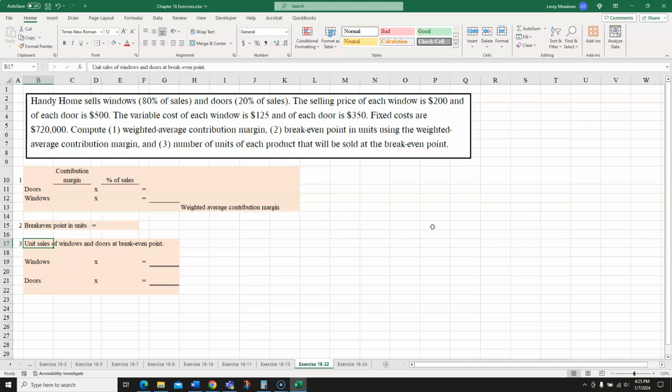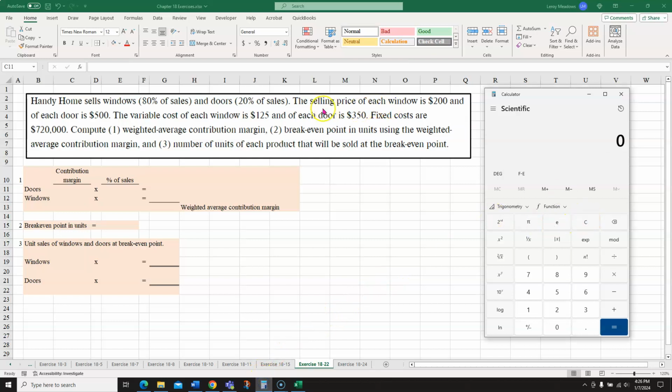First of all, we're asked for the weighted average contribution margin. 2, the break-even point in units using the weighted average contribution margin. And then 3, the number of units of each product that will be sold at break-even. So first of all, we need to get our contribution margin for each one. What is my contribution margin for doors?